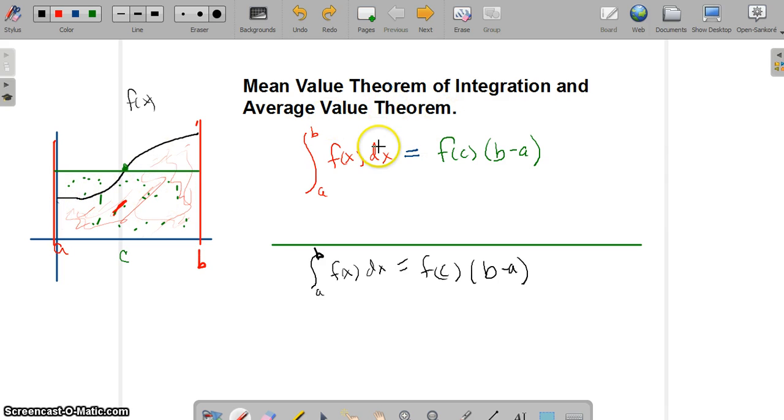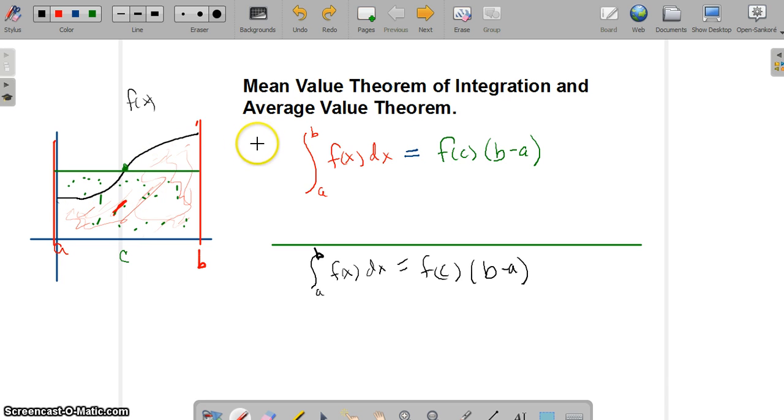What the mean value theorem says is that somewhere on that function there is a point C, where x equals C, where f of C would give you the height of a rectangle that would have the same area as the area underneath this curve.